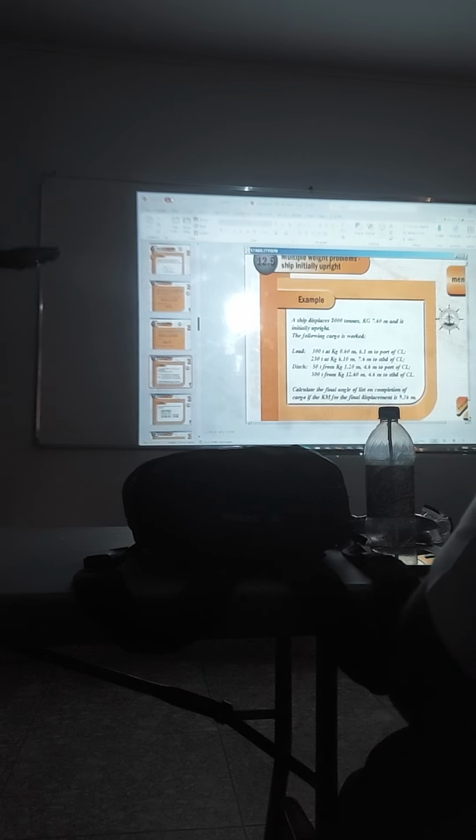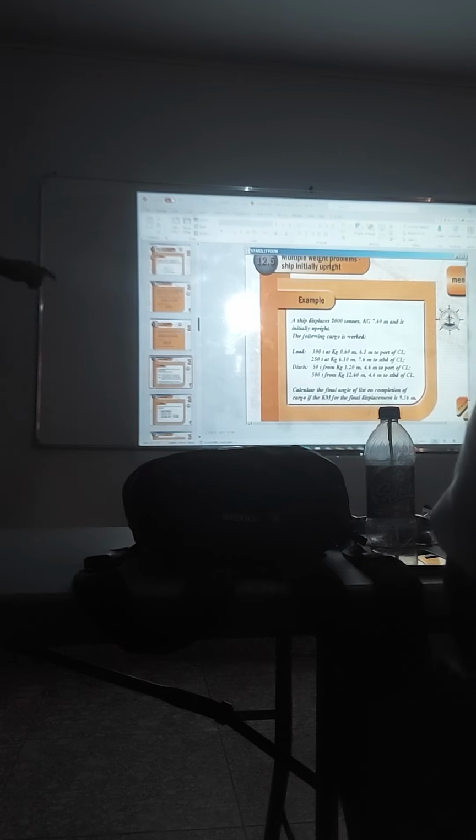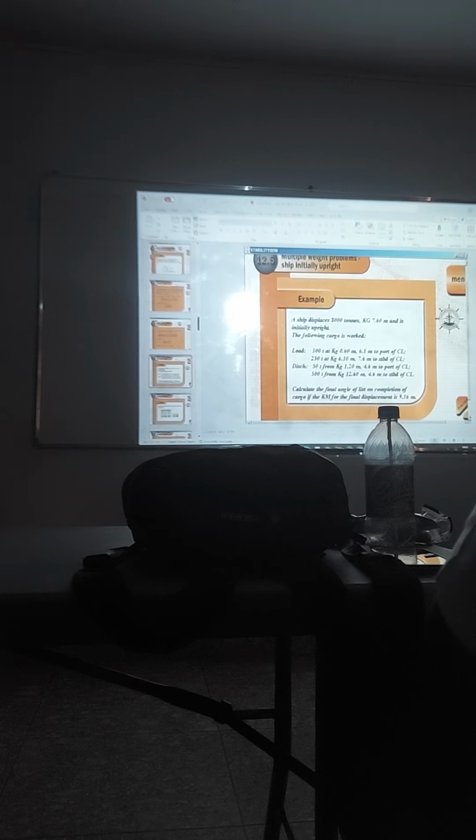The following cargo is work. Calculate the final angle of list on completion of the cargo if the KM for the final displacement is 9.336. Go back to the table.